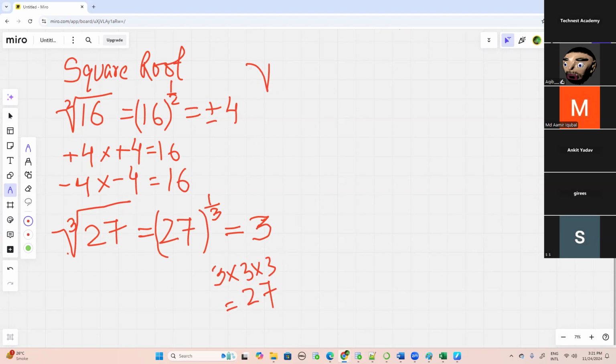Similarly, if I am asking, tell me the cube root of 125. What is the meaning of this? Don't tell me the output yet. What am I asking you? Give me that number which, when multiplied to itself 3 times, will give 125.